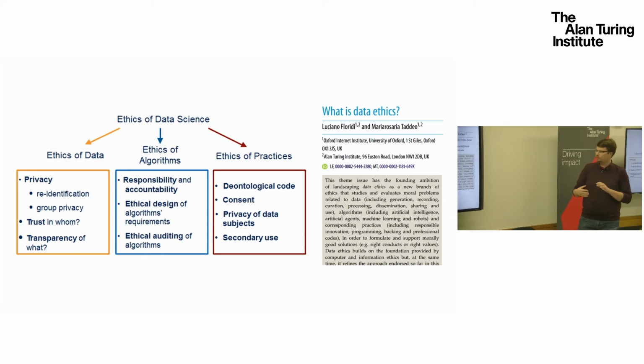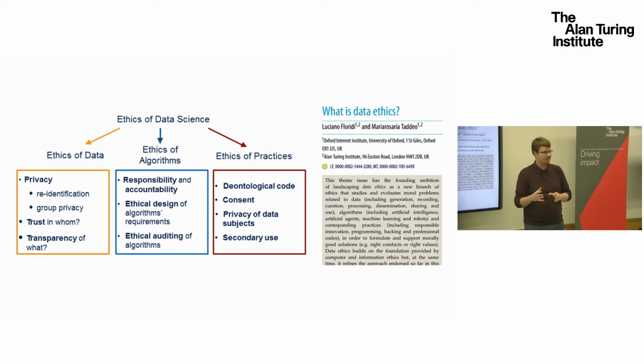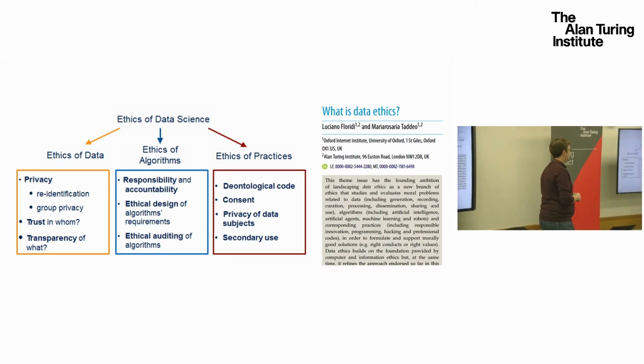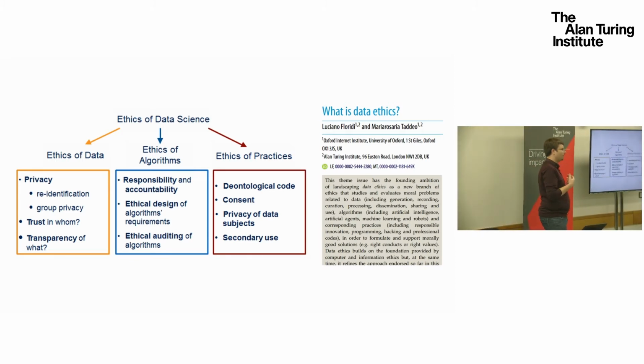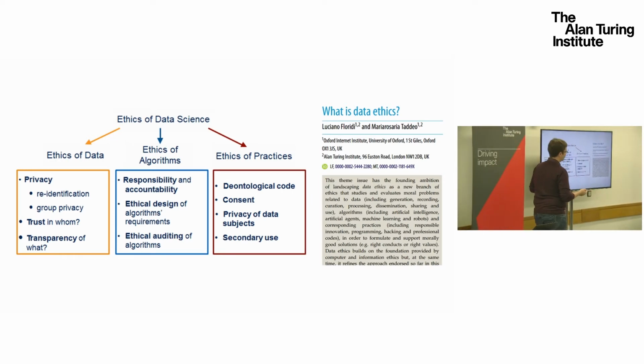And so just to quickly flag up, we'll have 2 hours today to do a very quick introduction to what data ethics is, but if you're looking for a bit more detail about any of the topics that I'm covering, there are a number of papers that I can recommend that cover the same area but give you some further reading and a more in-depth analysis than we might get into today. The first, which defines the field, is What is Data Ethics by Luciano Floridi and Rosaria Taddeo, who are also Turing Fellows here.